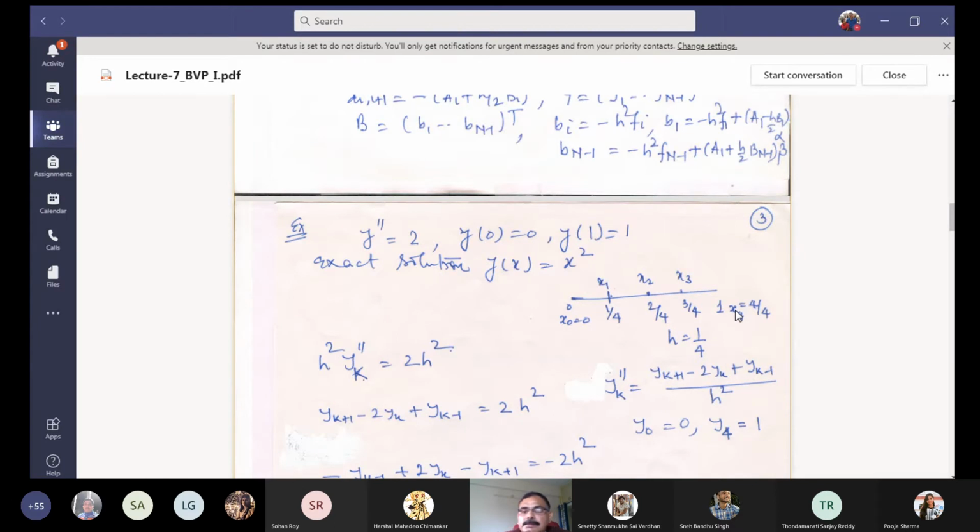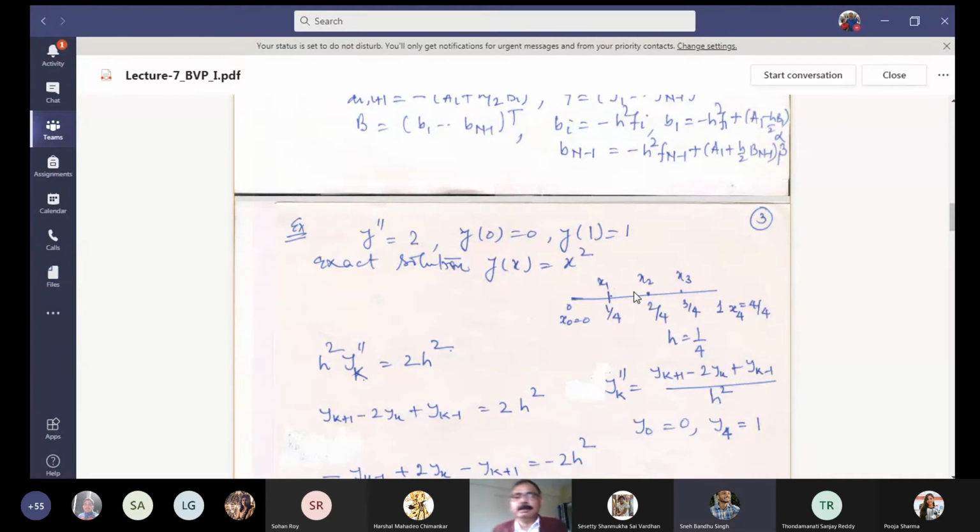Now you have y double prime equal to 2. These are the discrete points xk in the interval. So let us say the general point is xk. Then y double prime at the point xk equal to 2 will be satisfied because that point is inside this interval.